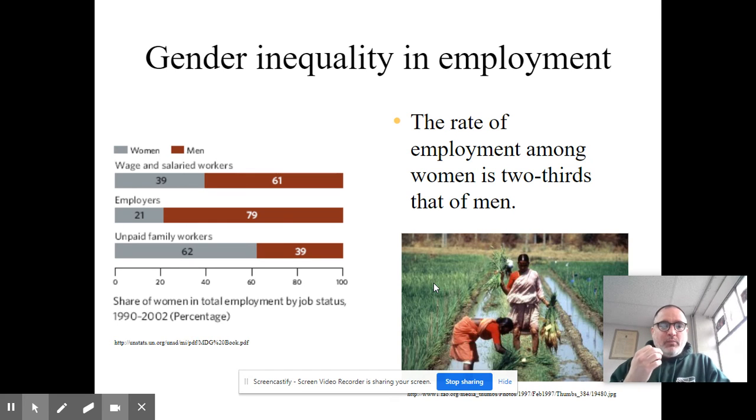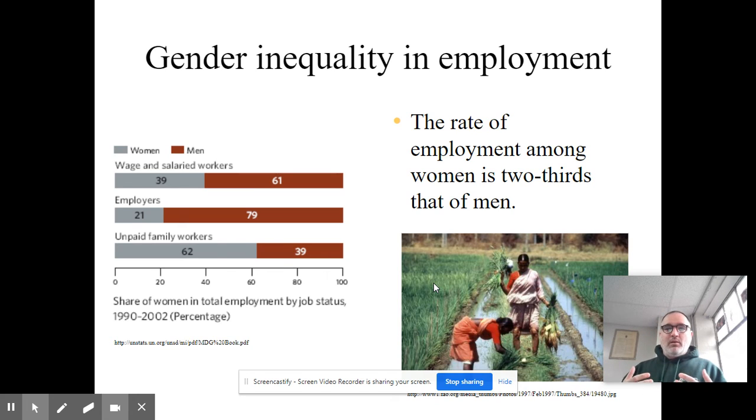You look at people who employ folks, 79% of those are men. And again, remember the time of this PowerPoint. We're talking about men getting to dictate the terms of what work is. Men get to define what work is and what work isn't.